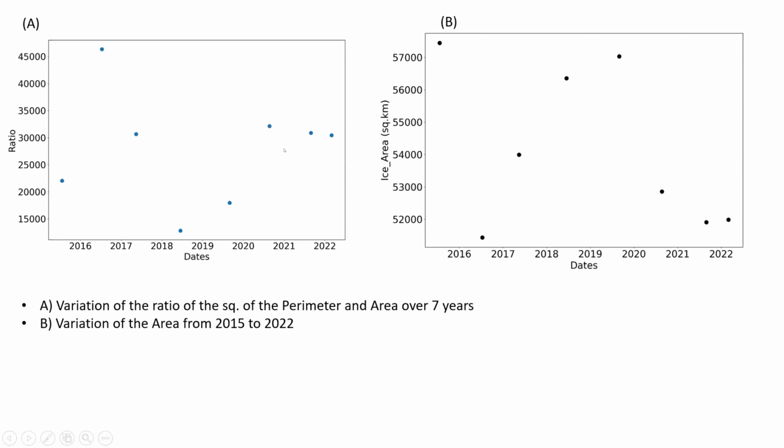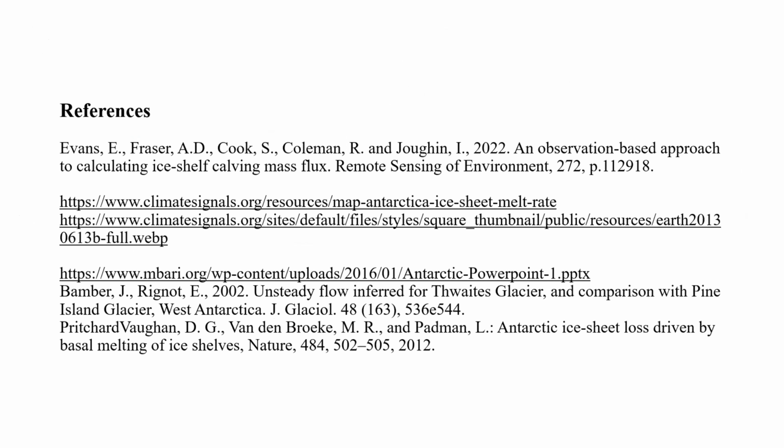Our main objective was to find the number of fragmentations, or the disintegrated areas. In 2020 you can see that the fragmentation was not so much, and then in 2021 the area was low. So I conclude here, and these are my references. Thank you.